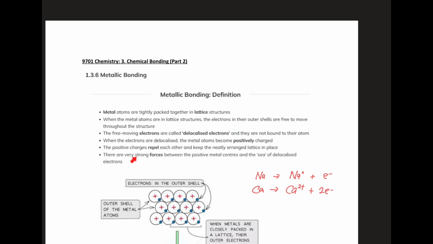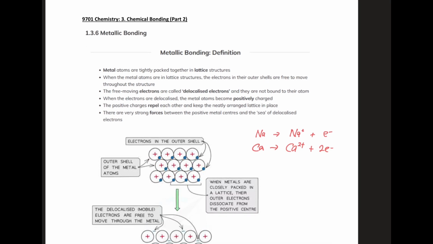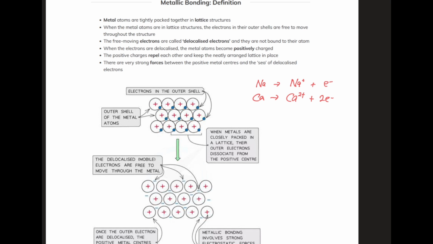And there are very strong forces between the positive metal centers and the sea of delocalized electrons. So that is the metallic bond. It's the attraction between the cations and the delocalized electrons.